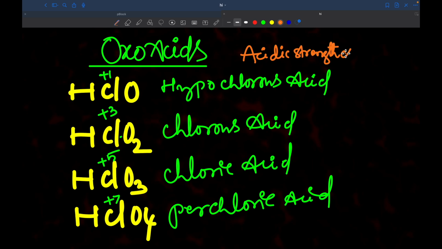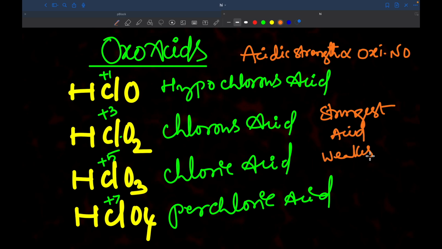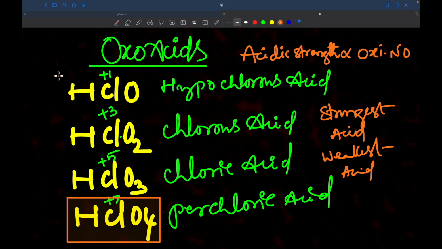Here the acidic strength of an acid is directly proportional to the oxidation number of the non-metal. Now you tell me which is the strongest acid of all and the weakest acid of all. Perchloric acid is the strongest acid and the weakest acid is hypochlorous acid.